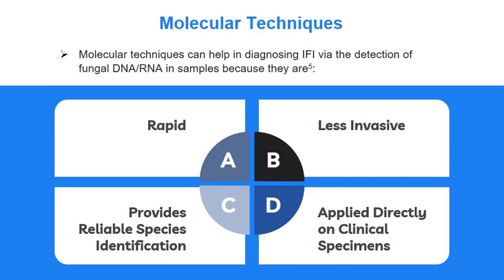Globally, molecular techniques can help to make a diagnosis of invasive fungal infection via the detection of fungal DNA or RNA in suitable samples. Molecular techniques are rapid, less invasive, and provide reliable species identification. They can be applied directly to clinical specimens.